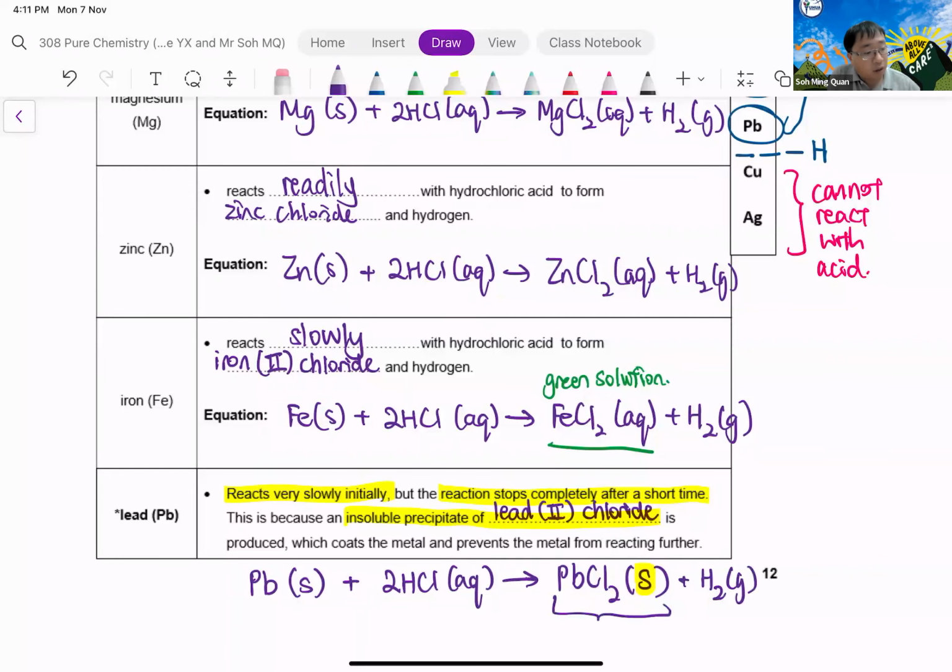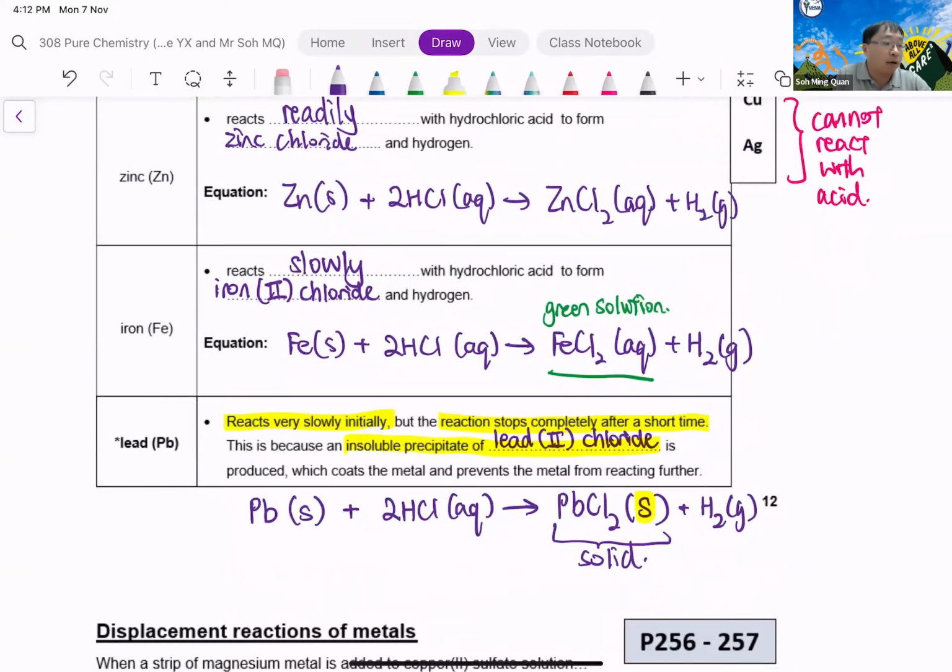So because it's a solid, this has important consequences. If I put a piece of lead metal into HCl, it forms the lead 2 chloride. The lead 2 chloride is a solid. It has to be deposited on the surface of the metal. So the lead 2 chloride is a solid that coats the entire surface of the metal.